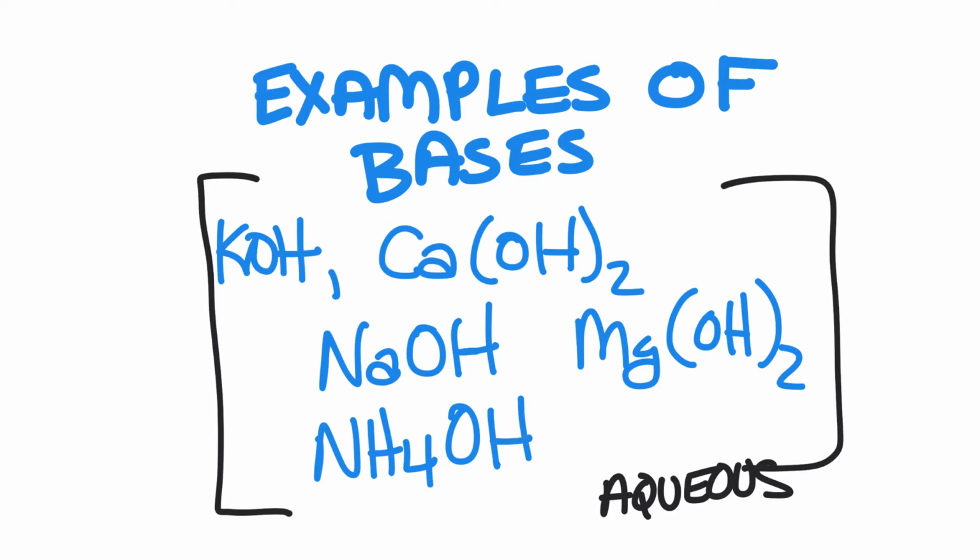Ammonium hydroxide, that's the ammonia that you spray at your house. That is a base. Again, these all have to be aqueous, because sodium hydroxide by itself is a solid. It really doesn't become basic until you drop it into water, and then the ions can separate into the sodium ions and the OH ions. Same thing with potassium hydroxide, magnesium hydroxide.